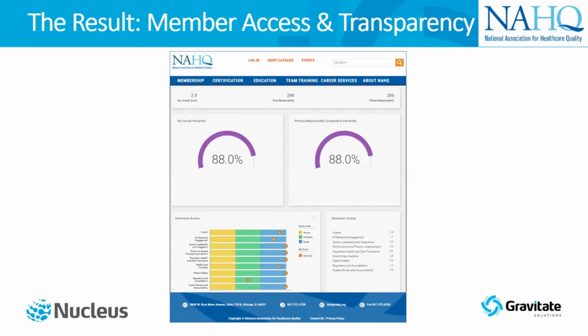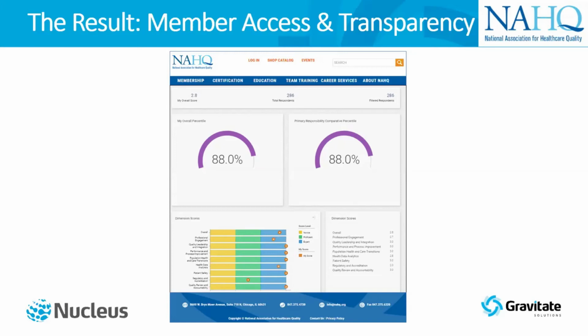The survey helps the participant see how they compare, whether they're a novice or they're very proficient or they're an expert, so they can see where they score on that continuum. They make this available to their members by logging into their system and going to their members-only area.